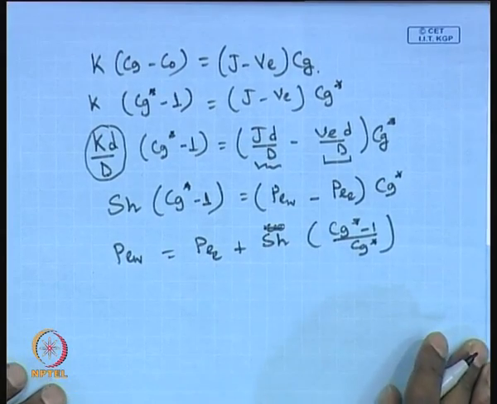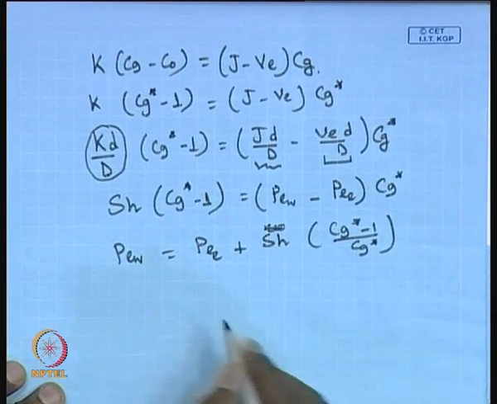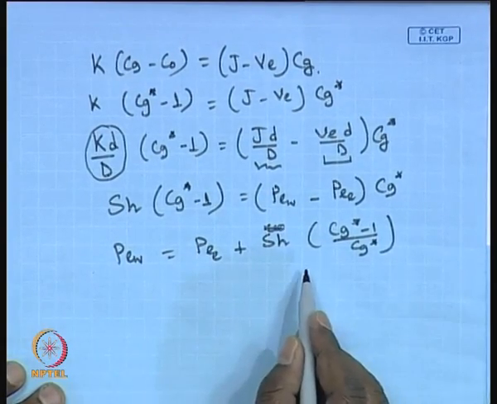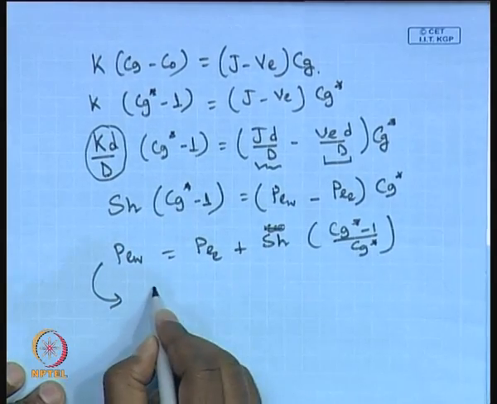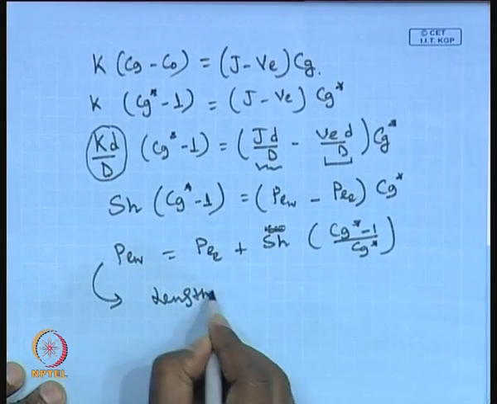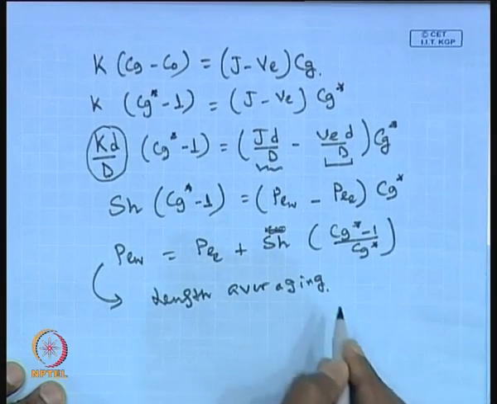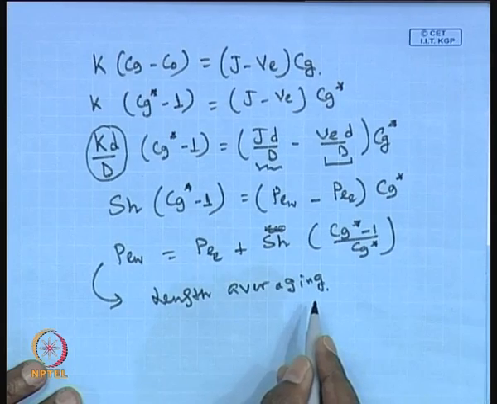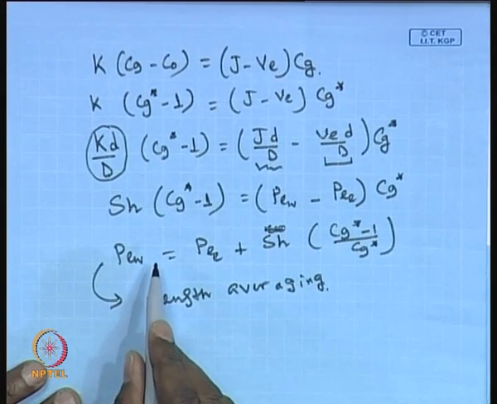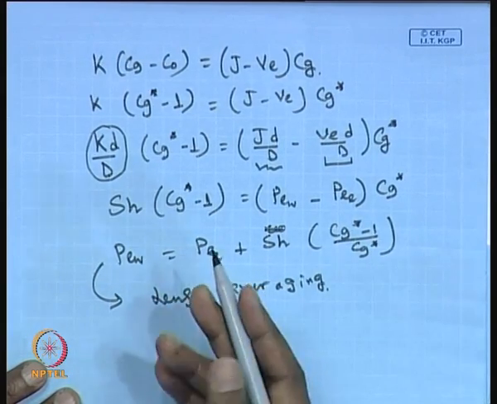Okay. Now, if you do a length averaging, how do you do a length averaging? Length averaging means you multiply both sides by dx star and integrate over dx.